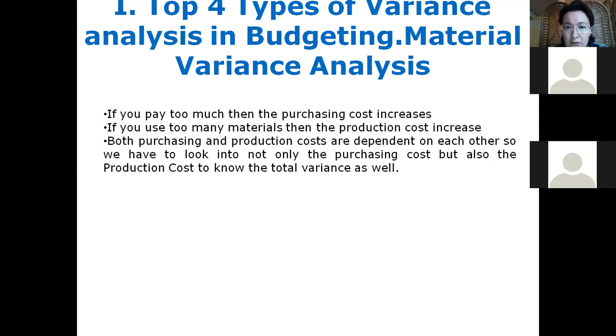Third situation, both purchasing and production costs are dependent on each other. So we have to look into not only the purchasing costs, but also the production costs to know the total variance as well. So these are the main situations that may cause the material variance.